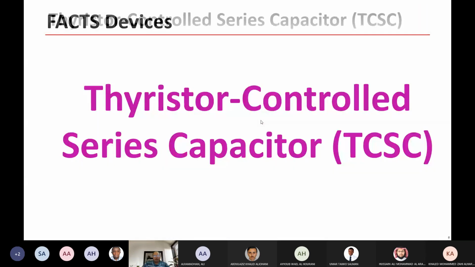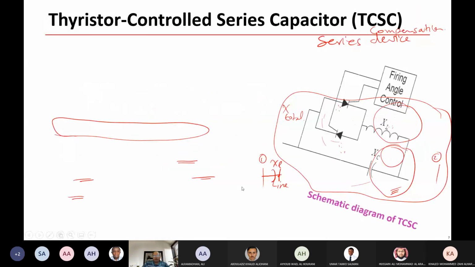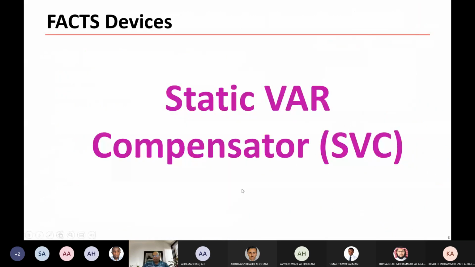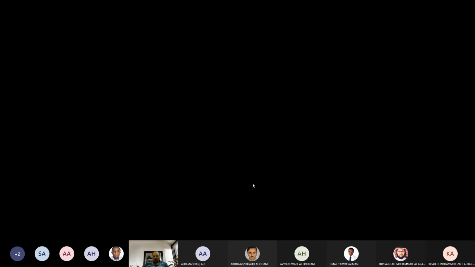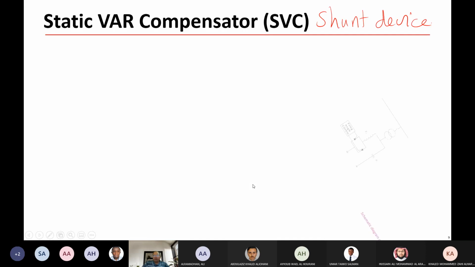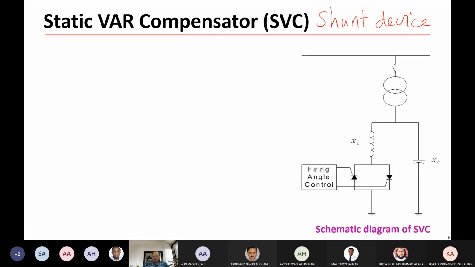Okay. So for the static VAR compensator, again, this is another one of the structures. You have a fixed capacitor and a thyristor controlled reactor.